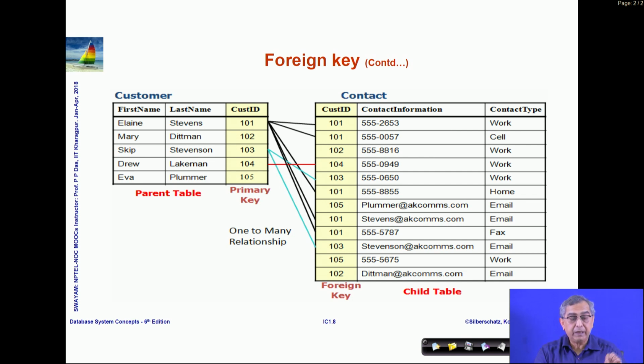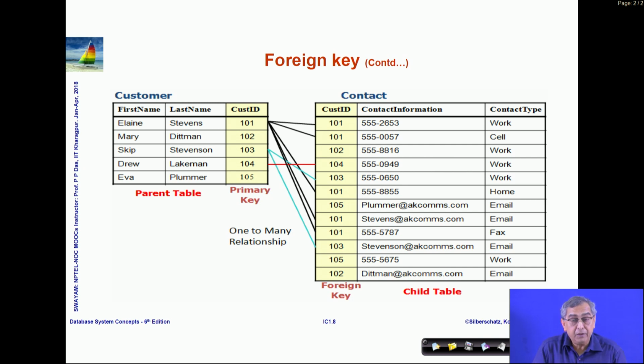A customer cannot have multiple names, so that goes into the parent table customer, but the customer may have multiple contacts. So, that goes into the child table contact, and the linkage between them happens through the cust ID. Naturally, cust ID is a primary key in the customer table, the parent table, but in the child table it is a foreign key.